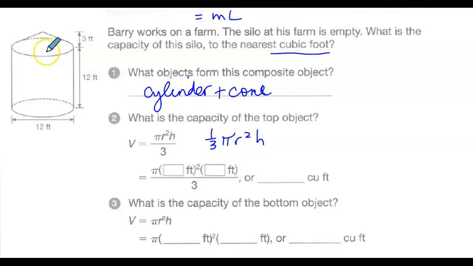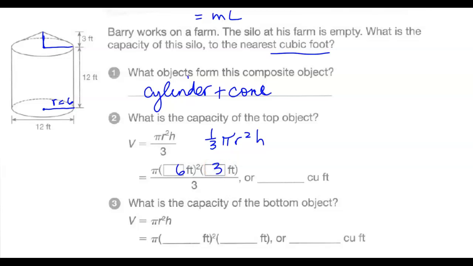We have to find the radius of that cone. It's going to be the same as the radius of the base of the cylinder, and so that's going to be 6. So pi times 6 squared times, now the height of that cone is just this 3 feet.